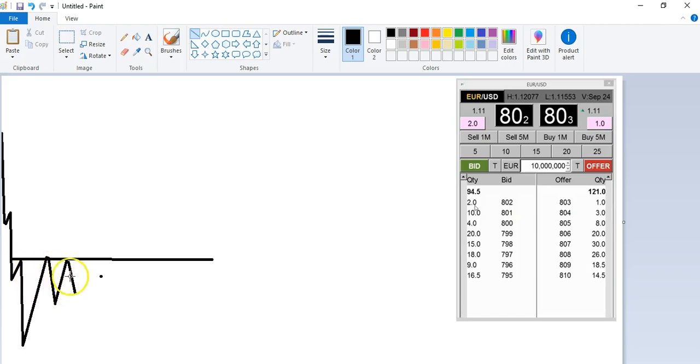If the intent of the market maker is to sell euro and buy dollars, his ideal won't be to sell euro at a lower price. His ideal to be successful is to sell his currency, in this case Euro USD, at the best price possible.